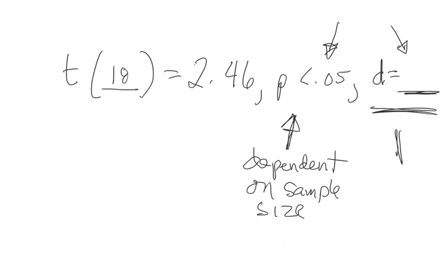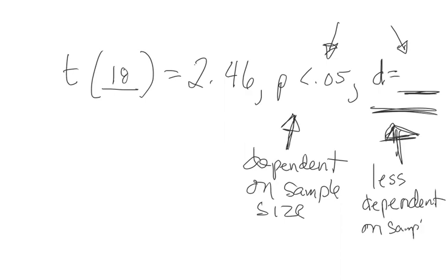Now, a lot of people say your effect size measures are sample size free, and I disagree with that. I say they're far less dependent on sample size. So that's why effect size measures are so important. Again, look at that chart, because for effect size, it depends on the statistical test.